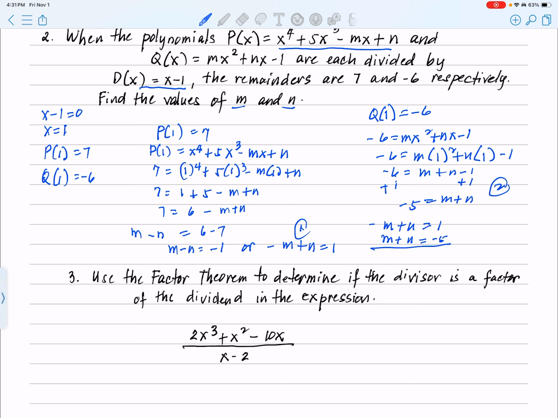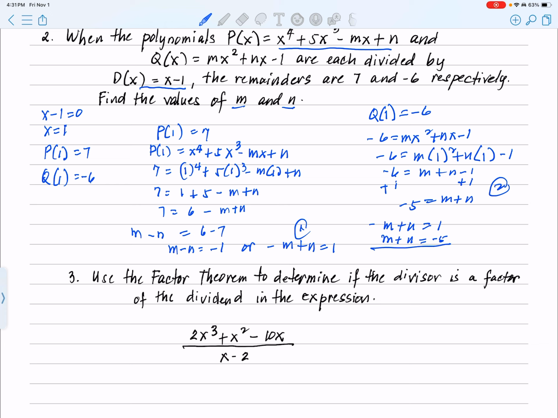So m is negative 5 plus 2. m is negative 3. Okay, you have now the value of m and n. And you can verify it by substituting the value of m and n, and you can check that.